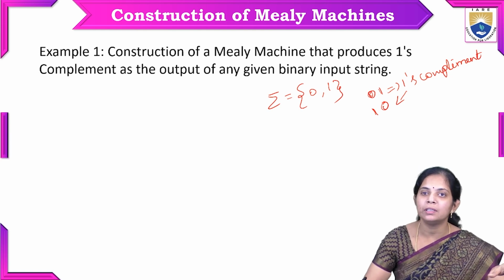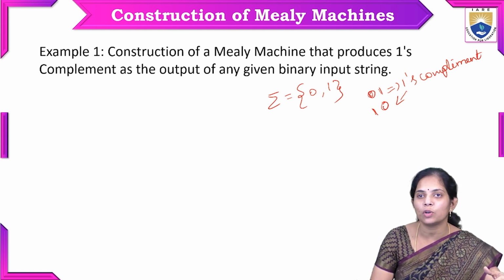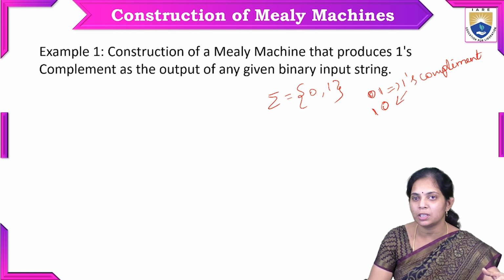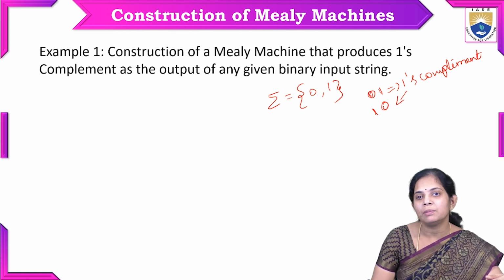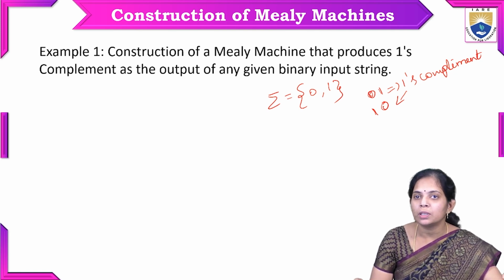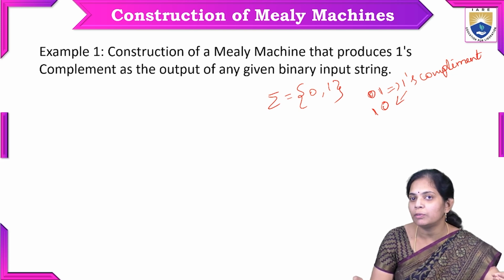What we are taking here as input symbols is 0, 1, that is a binary representation. Let's construct the Mealy machine for this. Our intention is the one's complement, so whatever the input symbol is, it is replaced with the other symbol. If you want to replace 0, it will be replaced with 1.